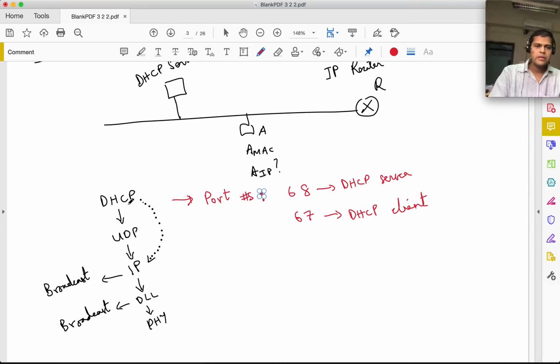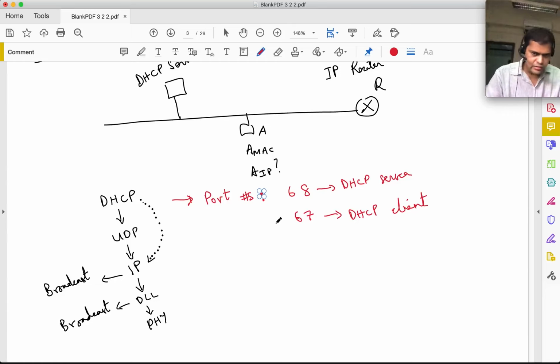So if you have to send out a DHCP packet, this would of course put this as its own port, and the port of the destination is going to be 67. When we talk later about UDP headers and so on, we'll talk a little bit about these ports. But essentially it's telling you this port number corresponds to the application layer, so it's telling you which application you have to send the packet to.